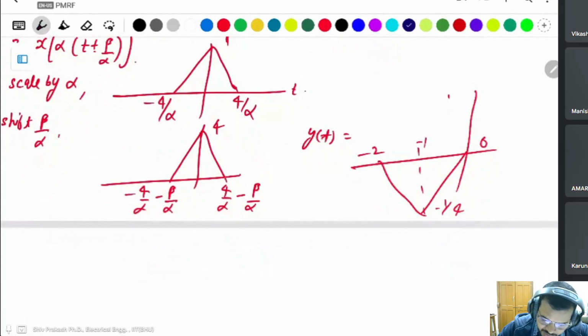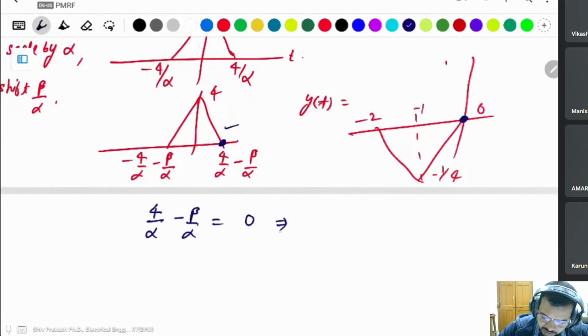Then you can see this signal is shifted to the left side, and this corner point is 0. Then you can simply say 4 by alpha minus beta by alpha is equal to 0. Then simply 4 minus beta is equal to 0. That's why beta is equal to 4.